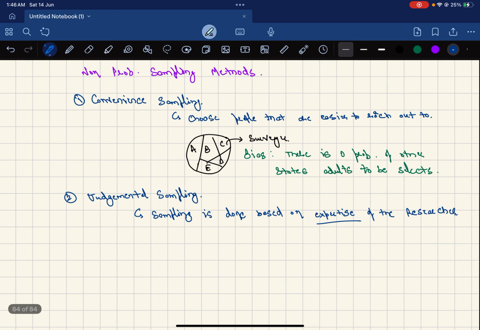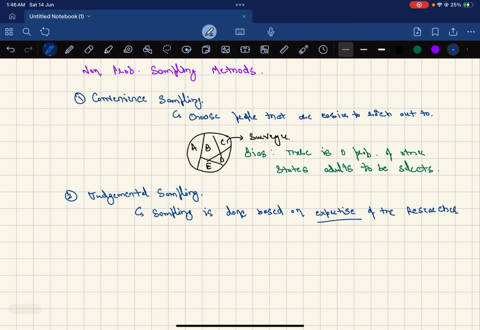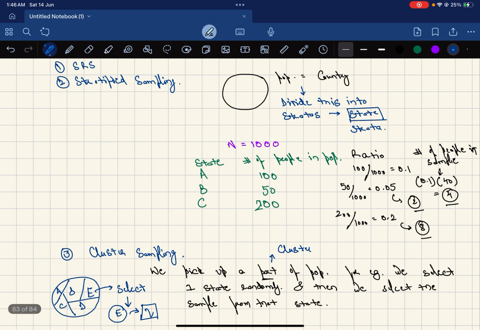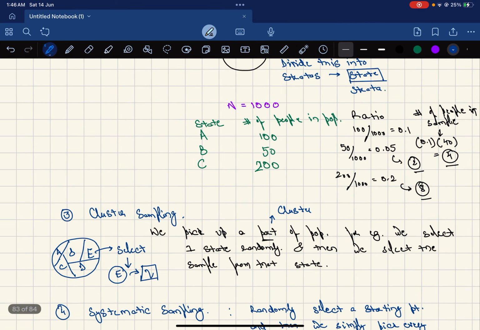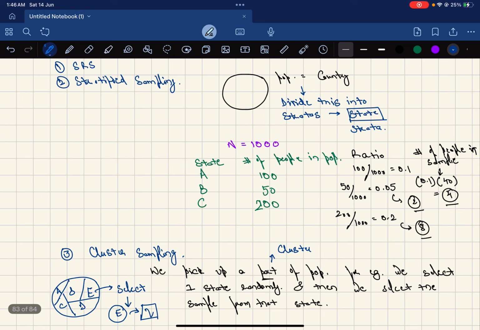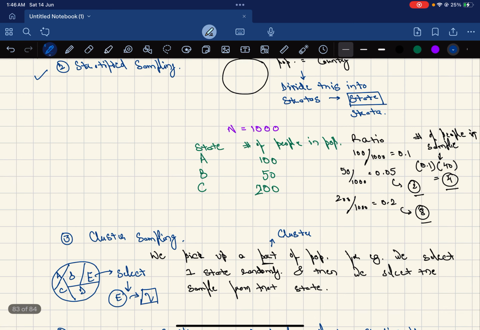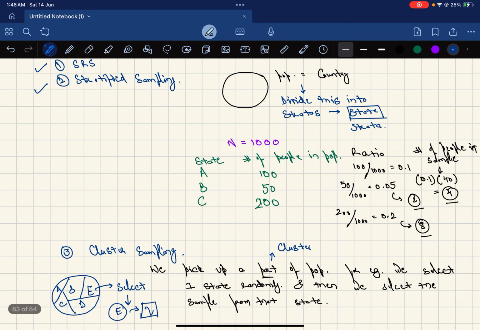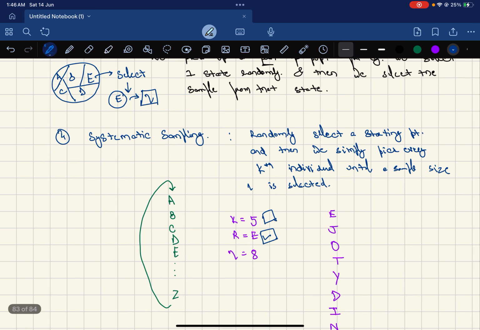So basically these two are the most common non-probability sampling methods which we wanted to cover here. We covered four probability sampling methods which are more used in data sciences in a regular manner. Out of these, simple random sampling and stratified sampling are the most common ones because they are least biased in the sampling process. Stratified sampling becomes important when you have different kinds of groups in the population and you want to have a similar representation in the sample for those groups as they have in the population as well.